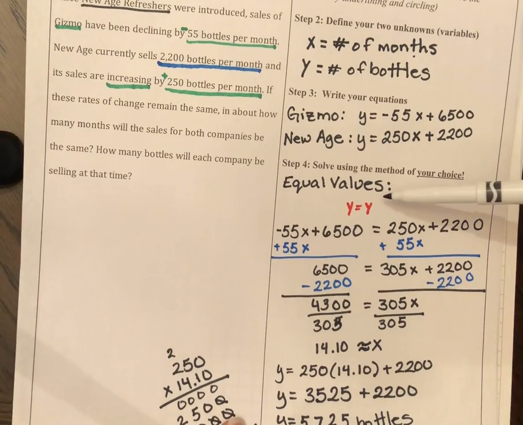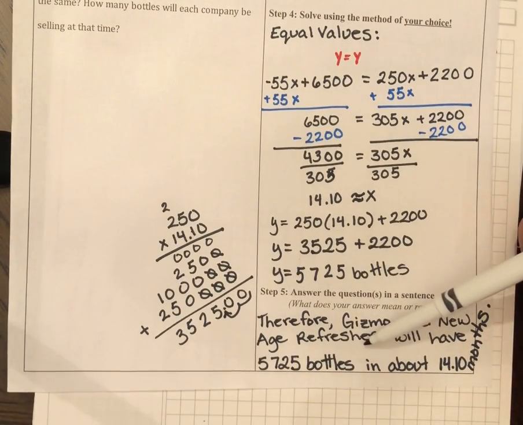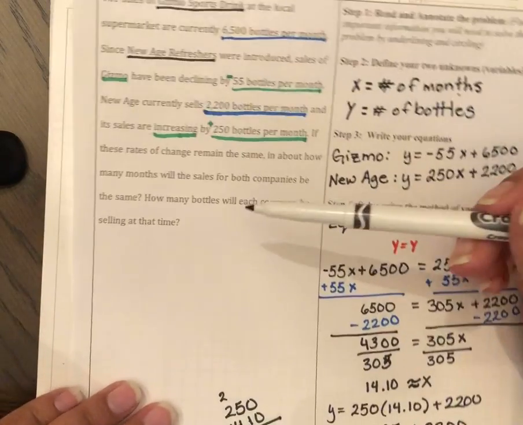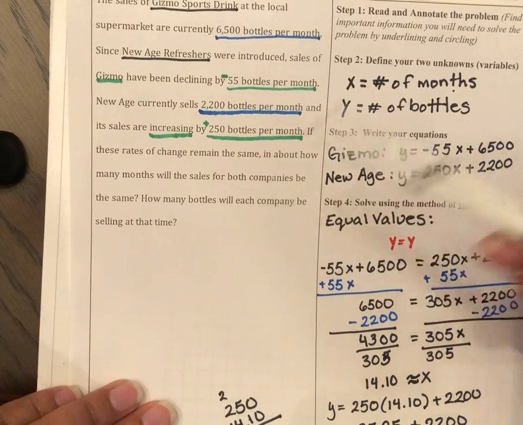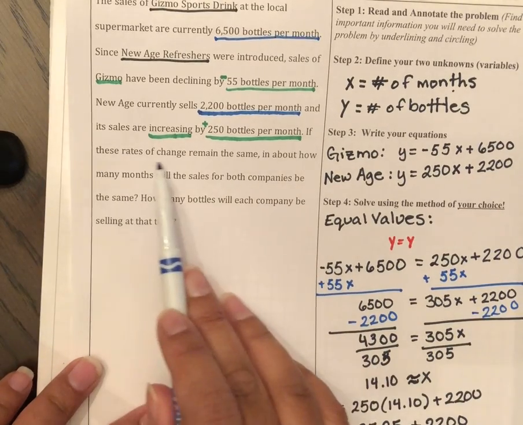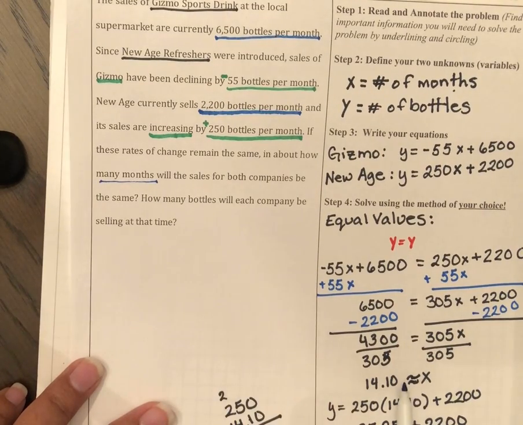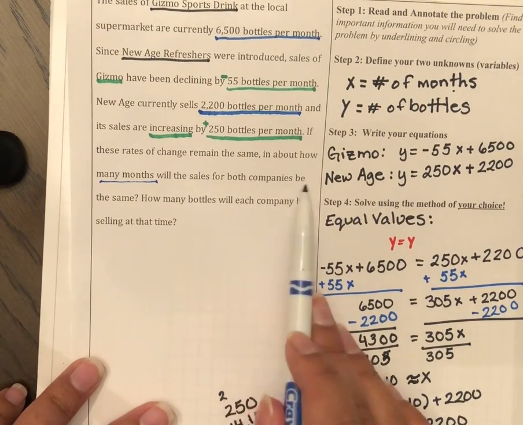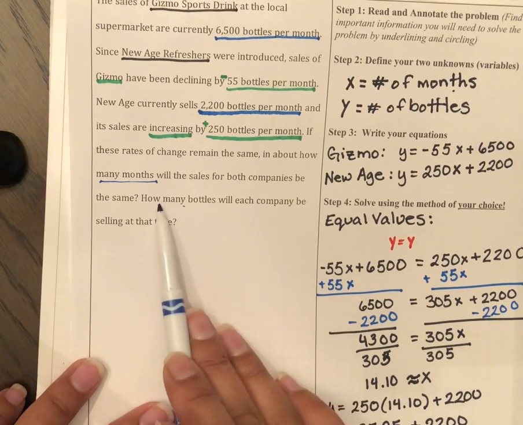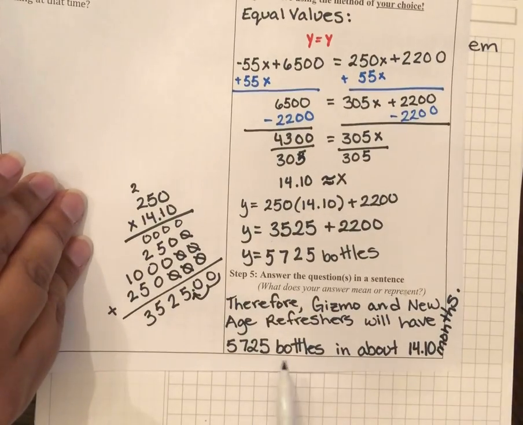Once you've made your choice on your method, you're going to go ahead and solve for both X and Y and answer the questions that were part of your problem. So in this case, you had 2 questions to answer. If these rates remain the same, in about how many months, we said 14.10 months, will the sales for both companies be the same, and how many bottles will each company be selling at that time? So we answered that. Here's the number of bottles and how many months.